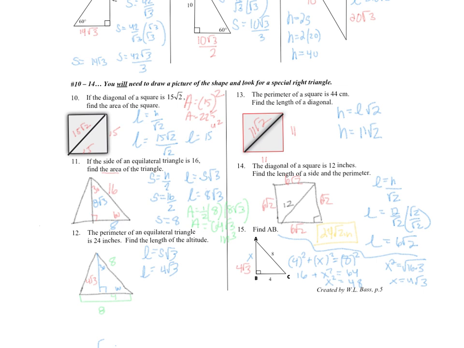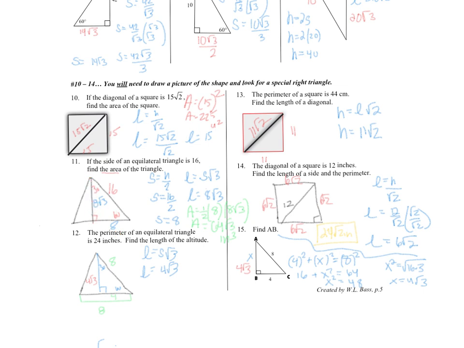All right, so if we look at the area here, if we drew this in here, if these were all 60 and we drew this in, that means this is going to be a 30. And so this is a 30, 60, 90. If this is 16 and that's the hypotenuse, the short side is the hypotenuse divided by 2, which is going to give us 8. And then this would be the long side.